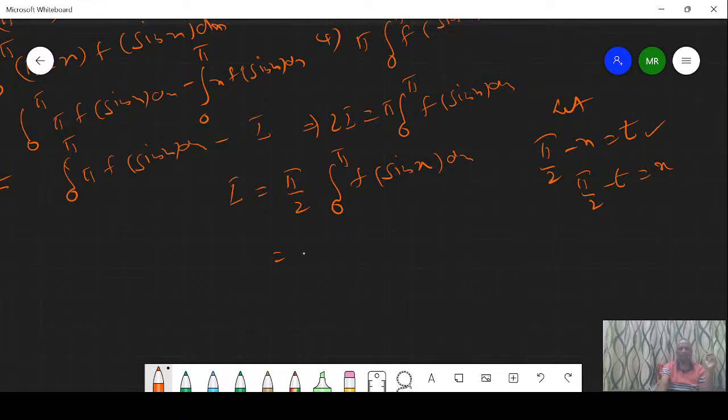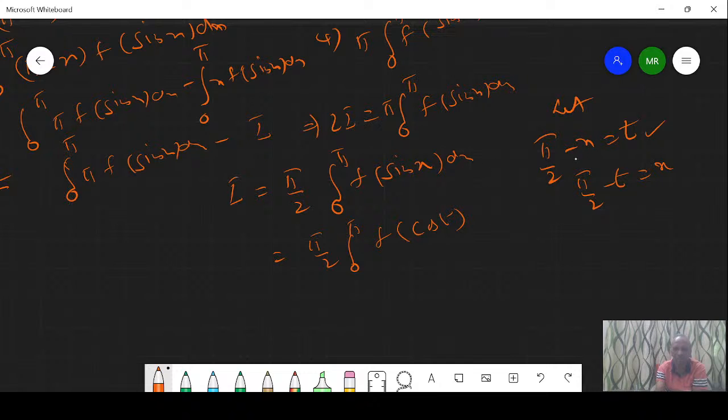Sine of, in the place of x, pi by 2 minus t. Sine of pi by 2 minus t will be cos t. Correct. Understood. You will get cos t.